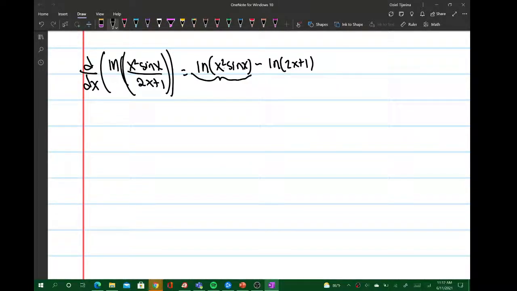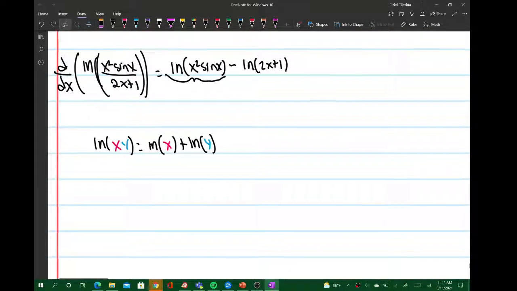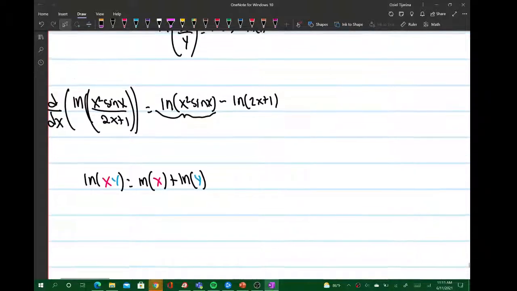Remember, ln of xy is really just, and let me color code this really quick so it looks more clear, this is the product rule for logarithms. Anytime we take the natural log of a product of two factors, we say it's the natural log of x plus the natural log of y.